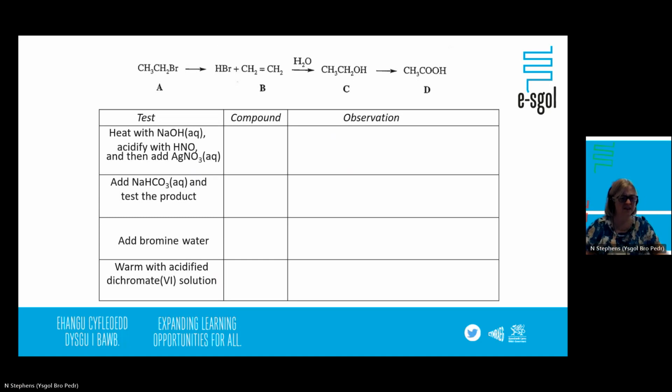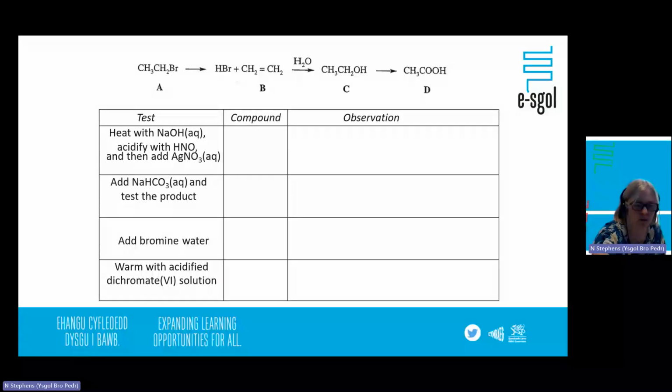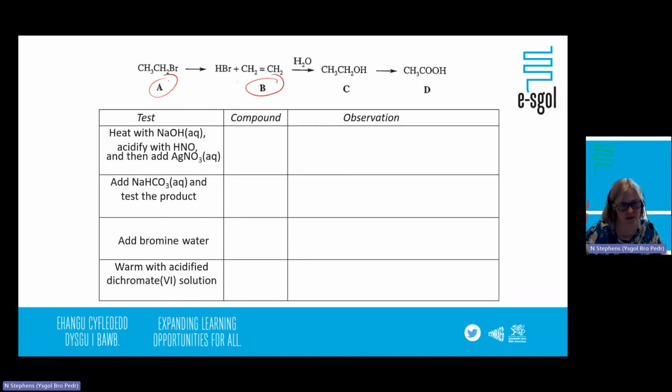Okay. So first thing to do is go through your A, B, C, D. What are we looking at? Well, that's the halogenoalkane there. So we're looking for a test for halogenoalkane. The functionality in B is the unsaturated double bond there. So it's an alkene. That is an alcohol. And that is an acid.